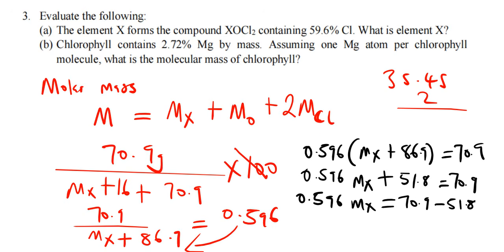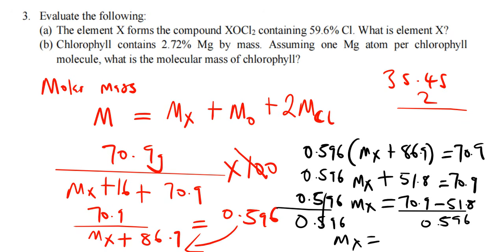Then I'm just supposed to divide by 0.596 on both sides. Therefore, what will be the mx? 70.9 minus 51.8, I'm getting like 19.1.